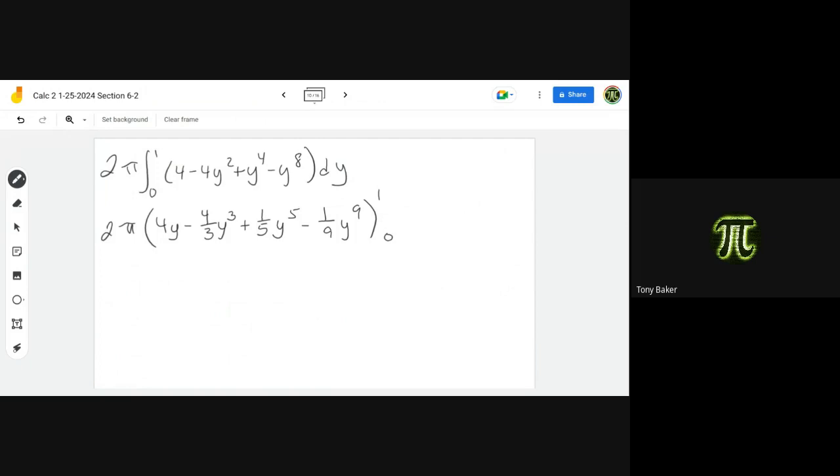Now we're plugging in the 0, everything cancels out, so I don't have to worry about that one. So I have 4 minus 4/3 plus 1/5 minus 1/9.